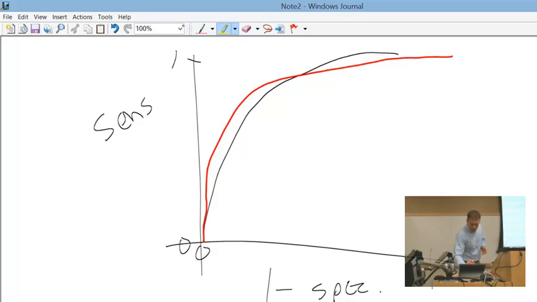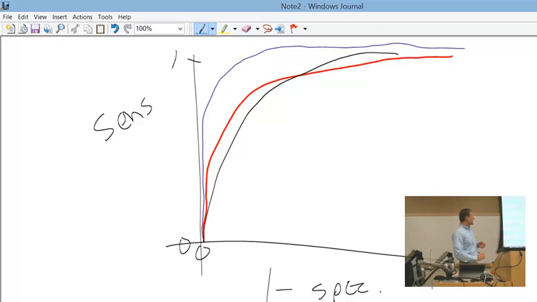Let me just throw up a third curve up here just to emphasize. So this third curve, which is in blue, obviously is better than the other ones. Note that your sensitivities can't be greater than 1. It's just I can't draw very well. But if you look at that blue curve, you can see that it has a higher area underneath it than the other two curves. So this one would be better.